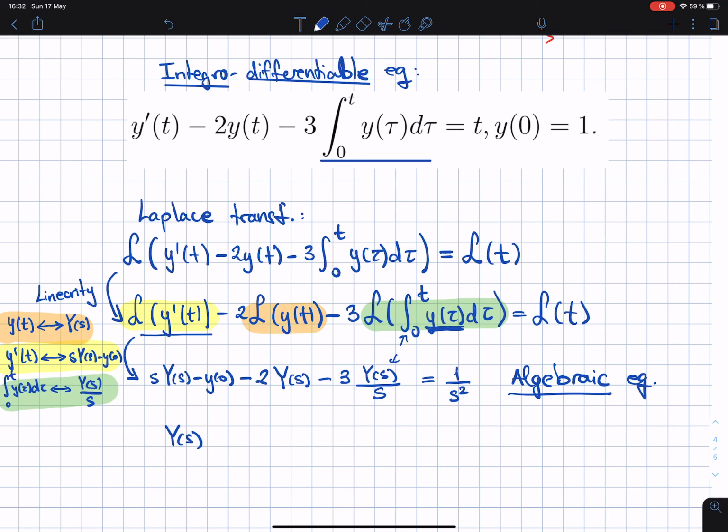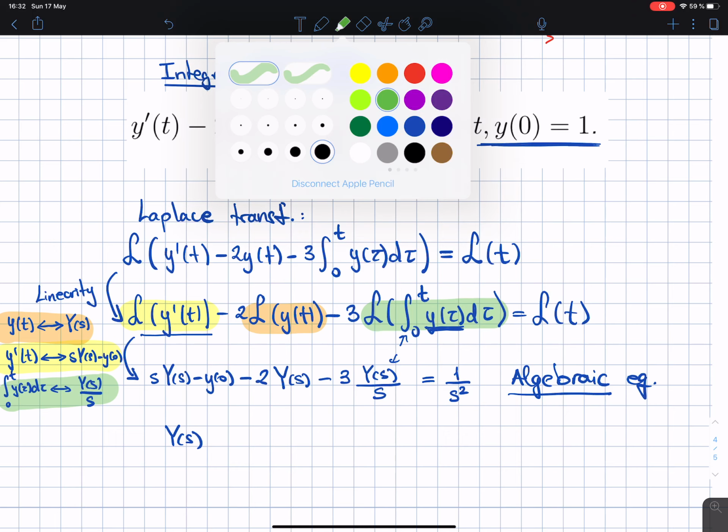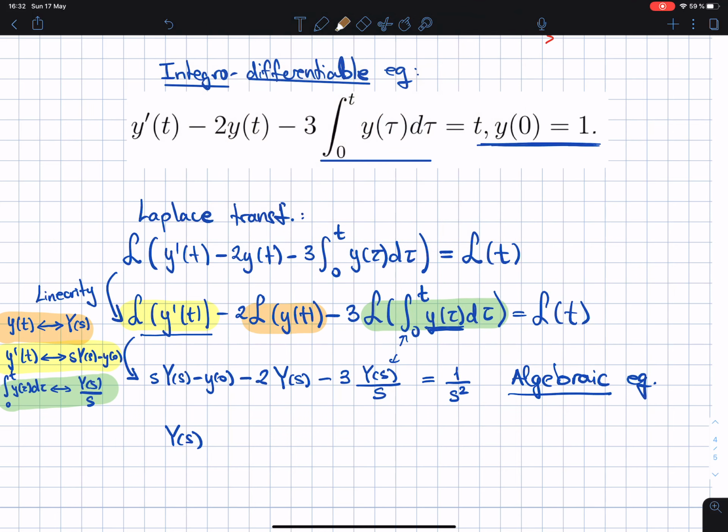So what I'm going to do is try to isolate capital Y of s. To do so, let me use the initial condition of the problem, y0 equals 1. So let's introduce this condition here. We know that y0 is equal to 1 because it's given by the initial conditions of the problem.